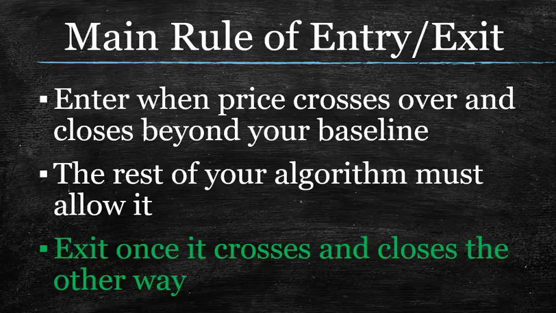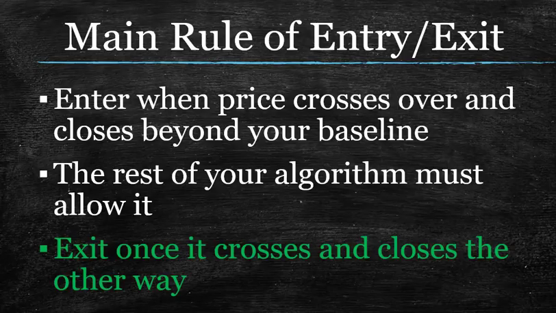Check it out. You are going to find out sooner than later that once you have a really good baseline, once it does cross over and close, it is probably going to keep going that way far more often than it is not. But during those times when it doesn't and it reverses, even if it's the very next candle, if it closes the opposite way, you immediately exit that trade.